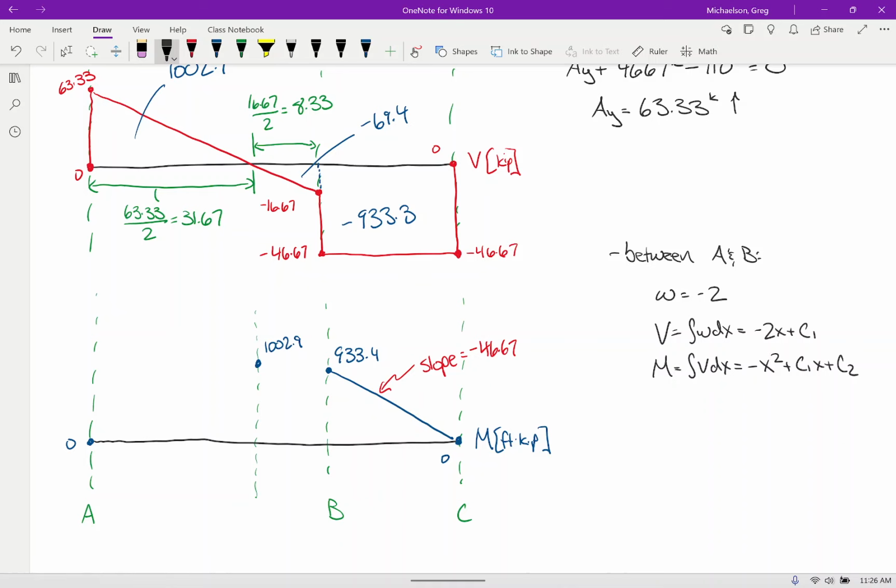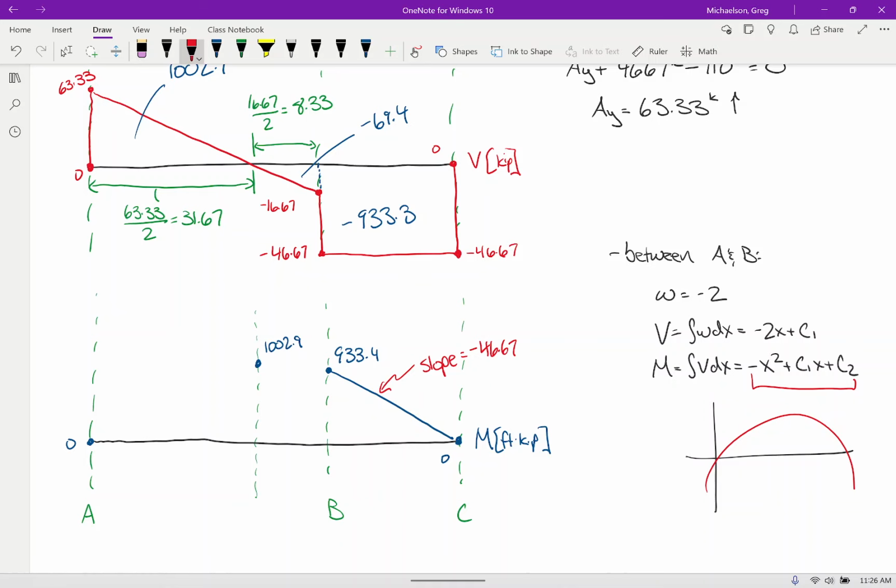That's what I learned in Calc 1: if I integrate a number, I get a line, and if I integrate a line, I get a parabola. Is the x squared positive or negative? I seem to remember that when I go back to algebra or calculus and graph a parabola that has a negative x squared term, it opens downward, right?